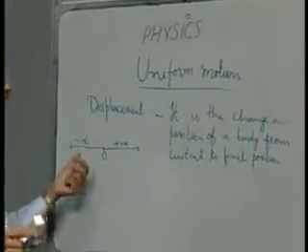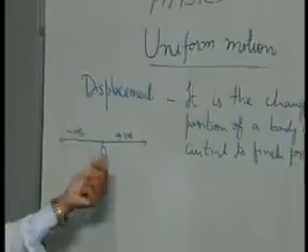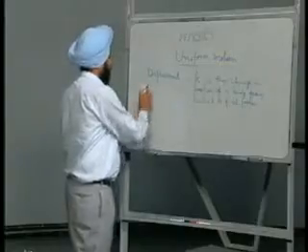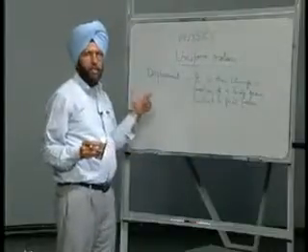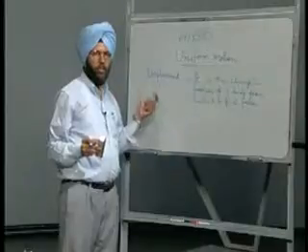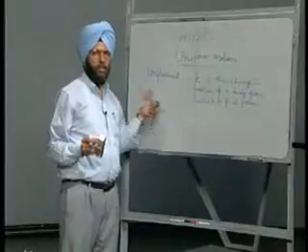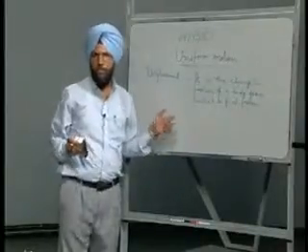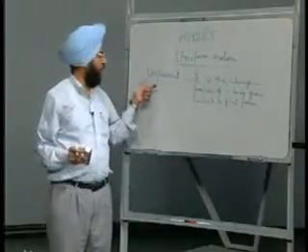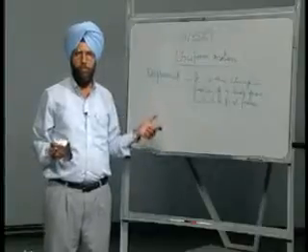So, displacement can be positive, negative or 0 even during motion, whereas distance is 0 only for a body at rest. Once the body has started moving, distance is never equal to 0.